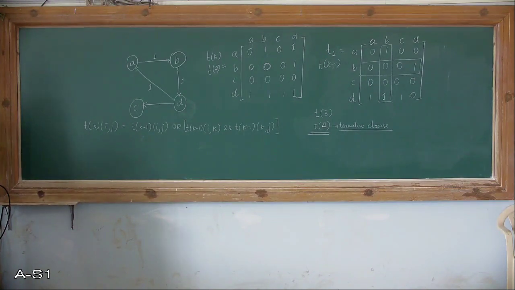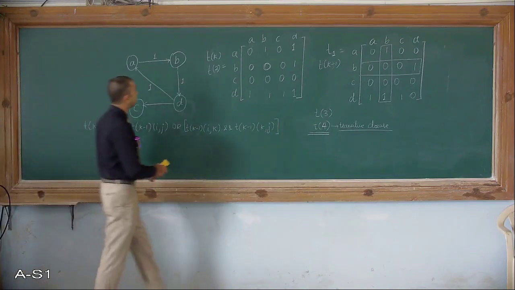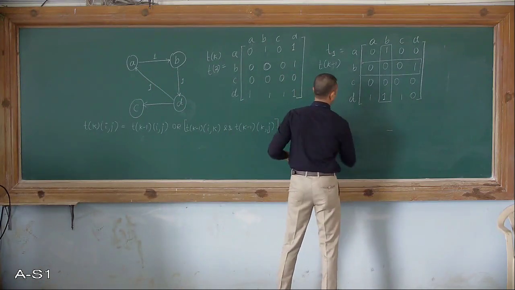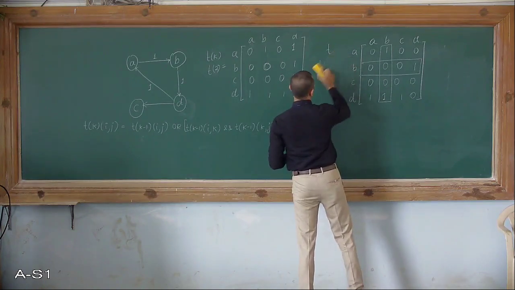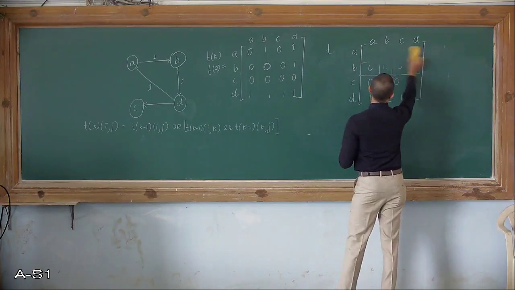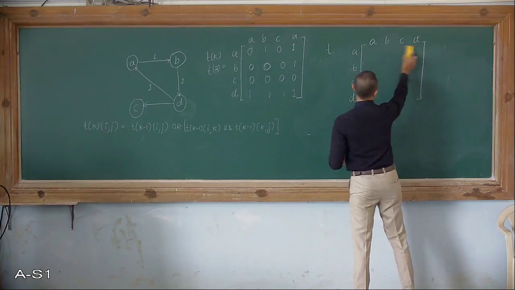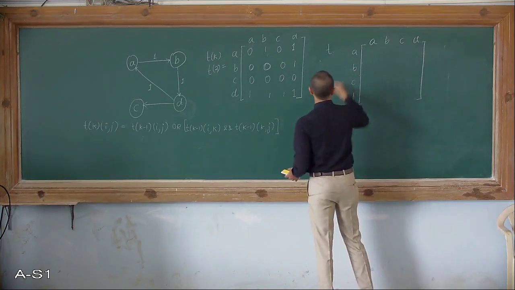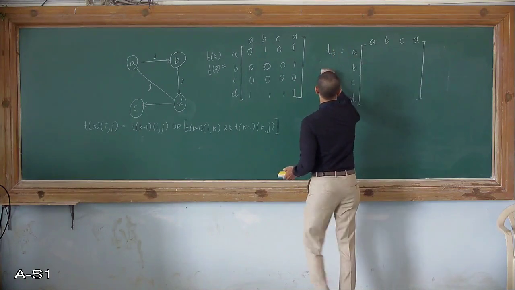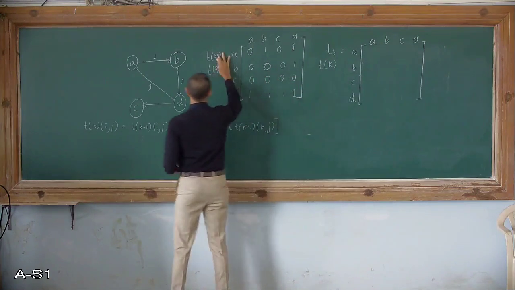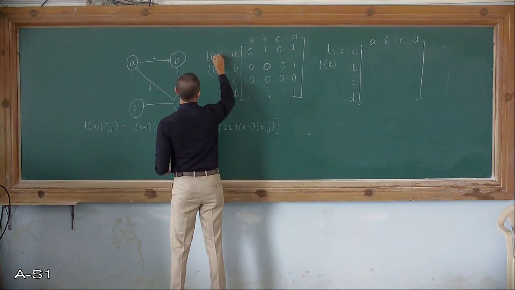Okay. So I'll calculate T3 now using T2. So this is T3. This is my T of K, and this is my T of K minus 1.